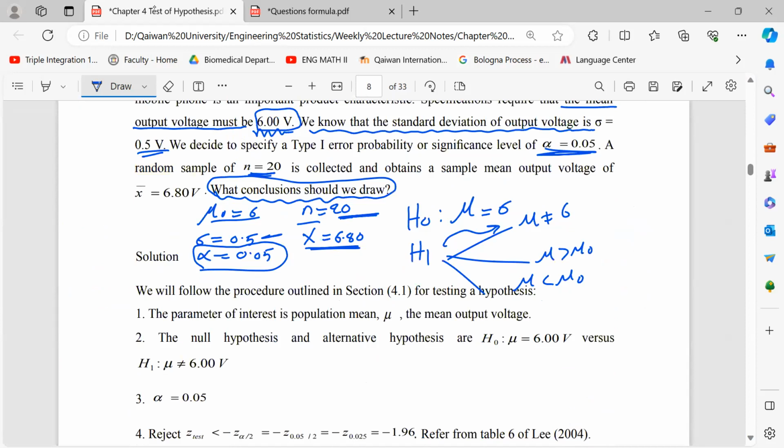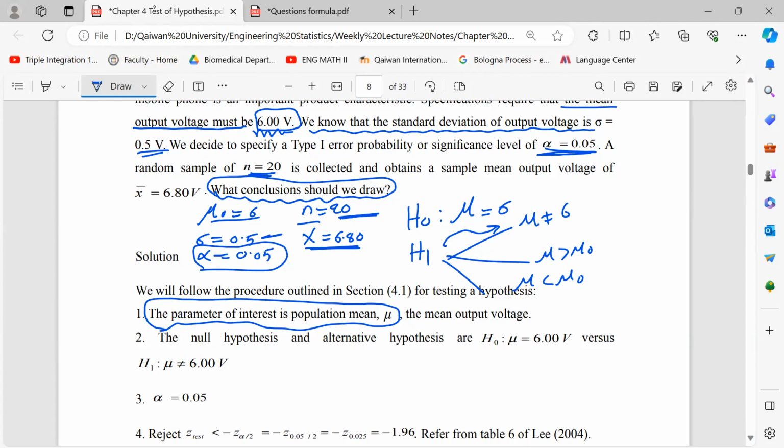You just need to write this down. Identify which topic this example is. This example is about the hypothesis of the mean. So in the first step, you say the parameter of interest is the population mean. That's all.